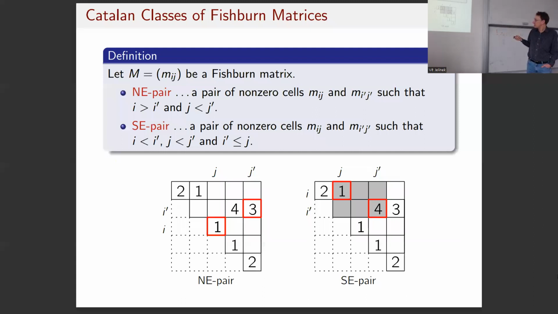So for instance, taking this cell with 1 in the middle and this cell number 2 down here will not form a southeast pair because their bounding box drops below the diagonal. Does it make sense? So in this matrix here in particular, there are two southeast pairs, this 1 together with this 4, and this 1 together with 3, and no other.